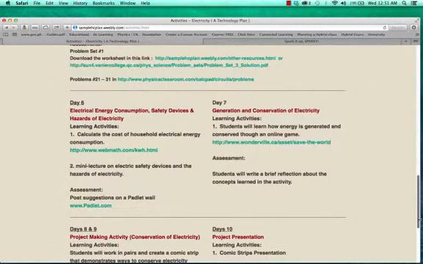For day 7, an out-of-class activity, the students are going to learn about the generation and conservation of electricity using an online game. For the assessment, students will write a brief reflection about the concept learned in the activity.